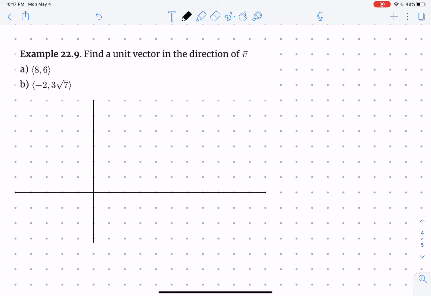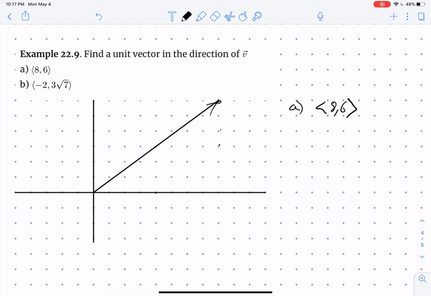The vector that we're talking about here is the vector 8, 6. So if we go over 1, 2, 3, 4, 5, 6, 7, 8 on the x, and then 6 on the y, it's the vector here. This is our vector 8, 6.